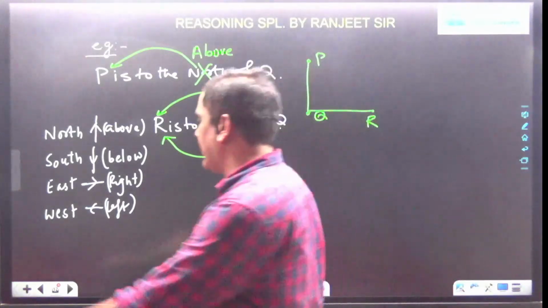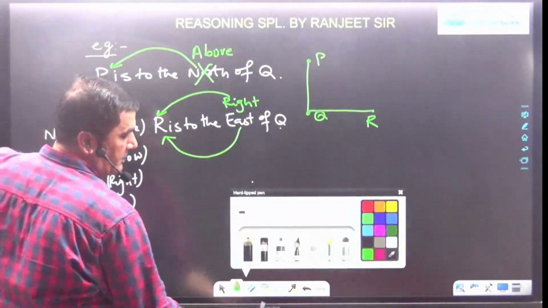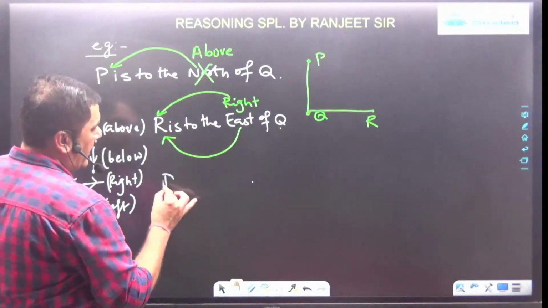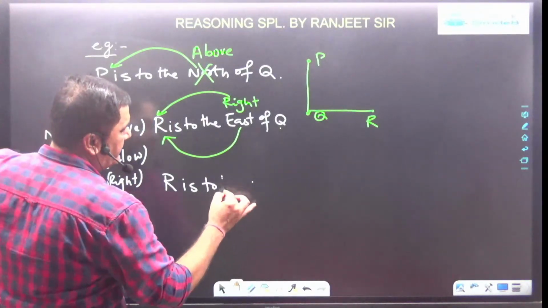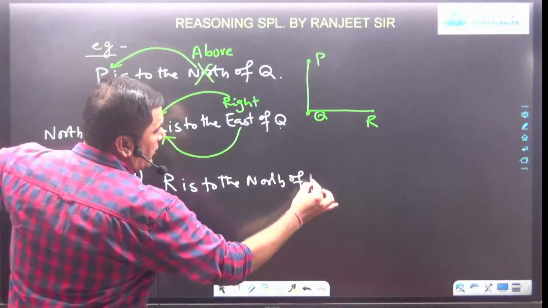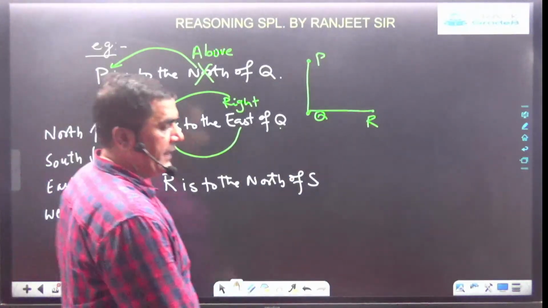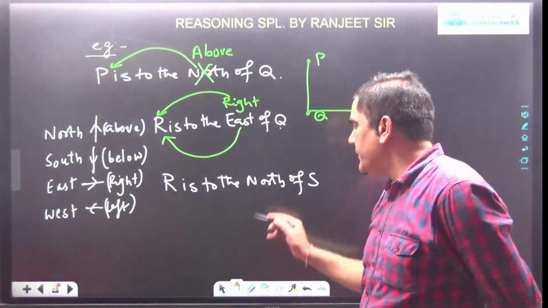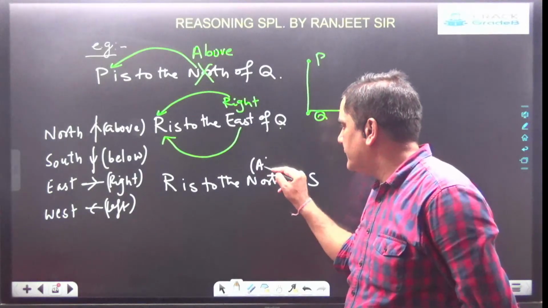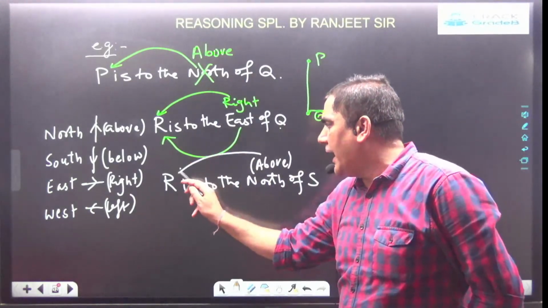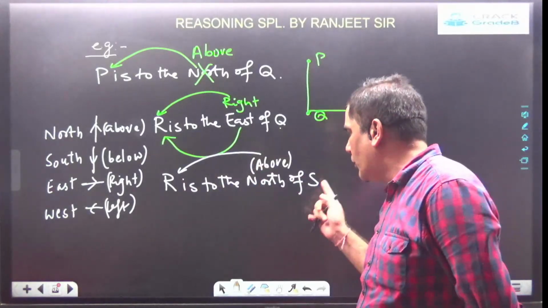Next one, suppose they have given like this. They are saying R is to the north of S. So north means what? North means above. So who will be on the top? R will be on the top of whom?